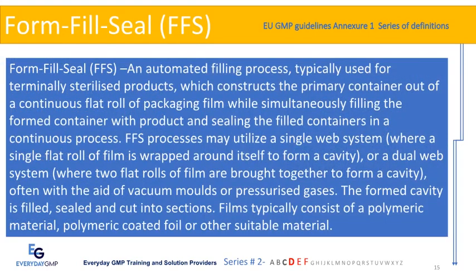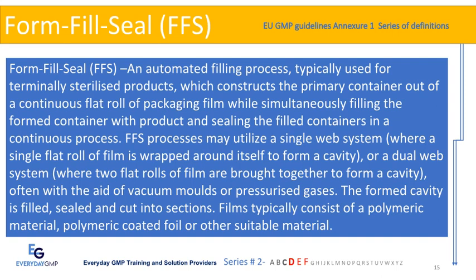Form Fill Seal, FFS. An automated filling process, typically used for terminally sterilized products, which constructs the primary container out of a continuous flat roll of packaging film while simultaneously filling the formed container with product and sealing the filled containers in a continuous process.